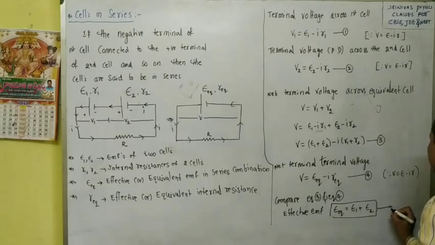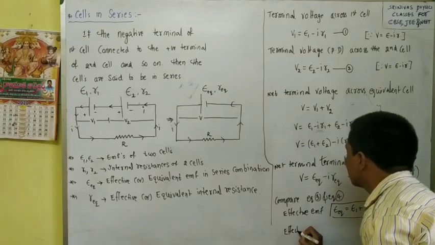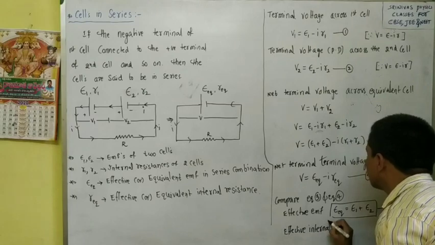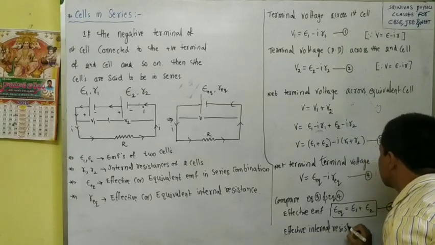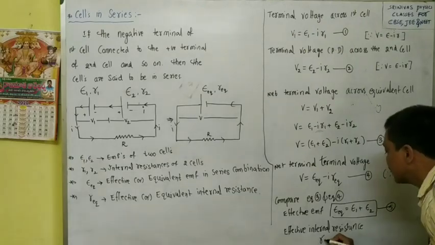The effective EMF E equivalent is E1 plus E2. This is equation 5. And the effective internal resistance: just compare and you will get it.